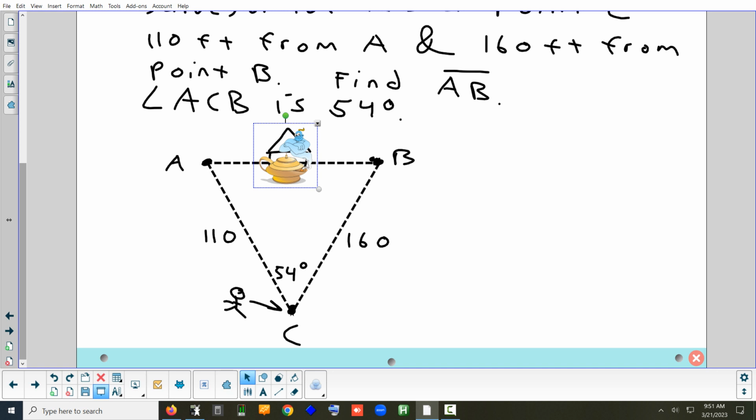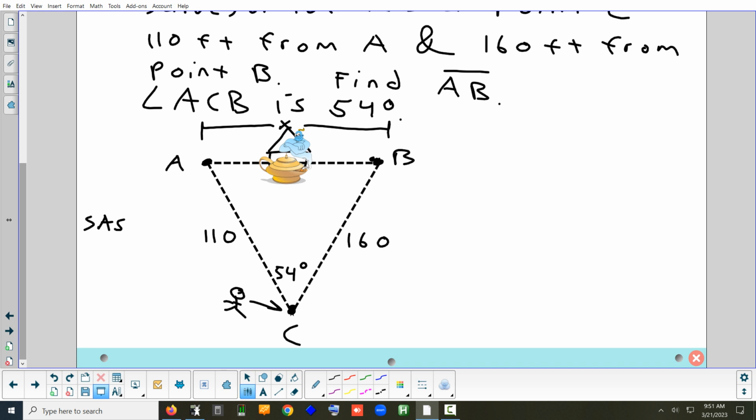All right. So first of all, what kind of triangle is that? Yeah. Side angle side. It is side angle side. And the goal is to basically figure out, I'm not going to call it A, B, or C because I've already used those letters.